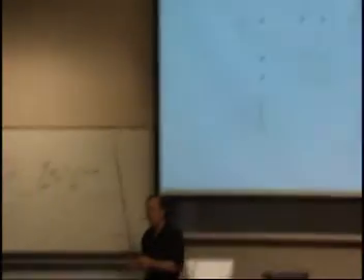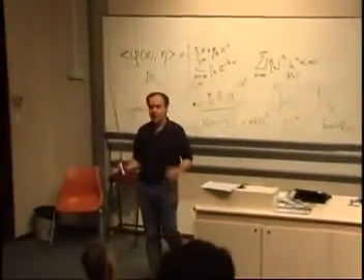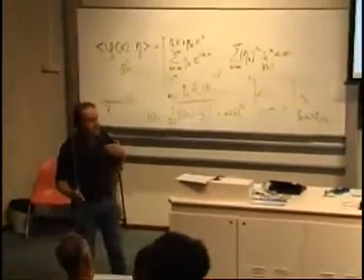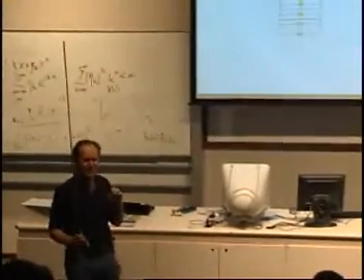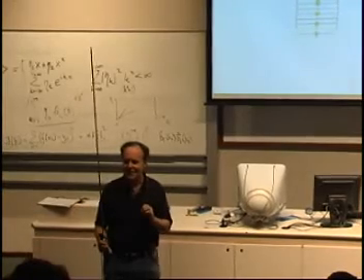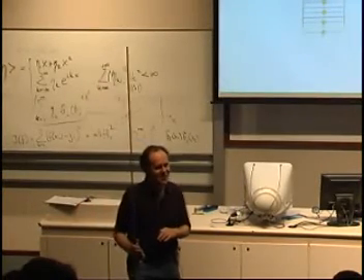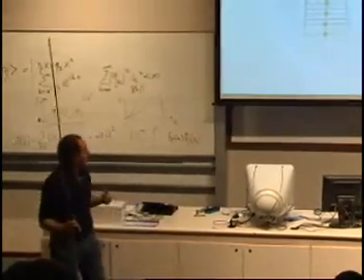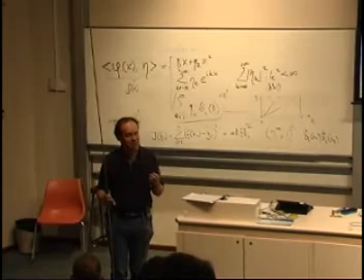So if you do this more systematically, the complexity of your sparse grid reduces from n to the d almost down to n. Not quite. So I see Jochen is very suspicious about this because what you get is something like n times log n to the d, right?